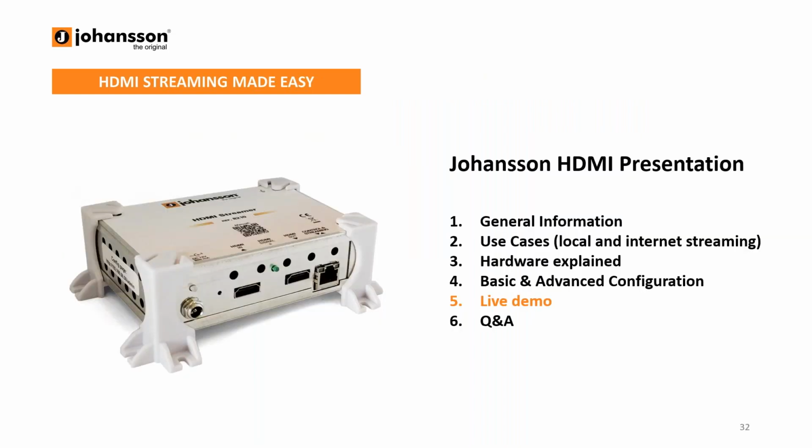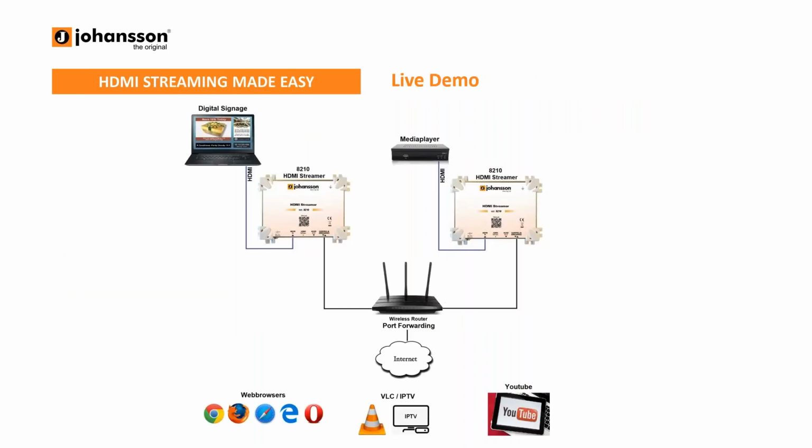So this brings us to the live demo. Let me take a minute. This is the setup that we have here in our office. We have two HDMI streamers. One is connected to a laptop which runs digital signage software on it.